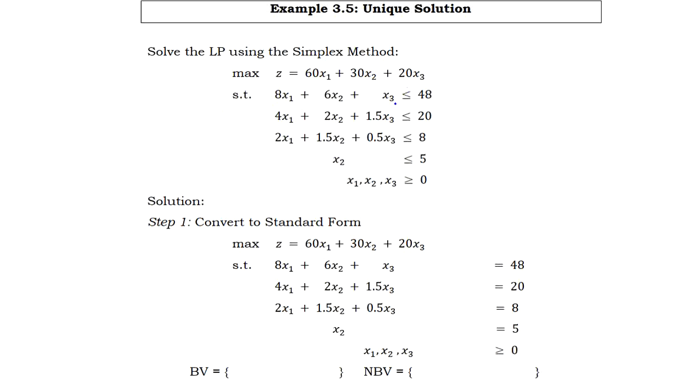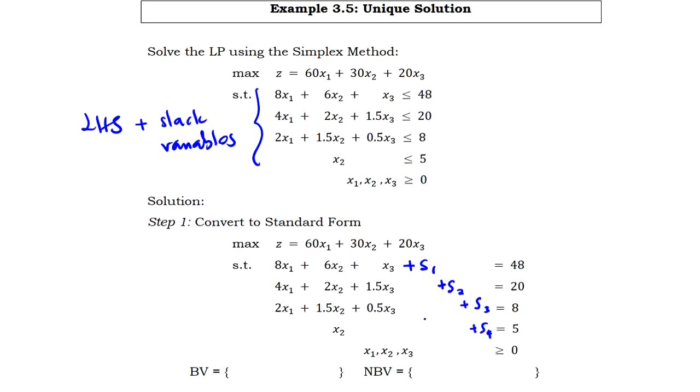Because all of the constraints are less than or equal to, we need to add slack variables to the left hand side: plus S1, plus S2, plus S3, and plus S4, with S1, S2, S3, and S4 greater than or equal to 0.